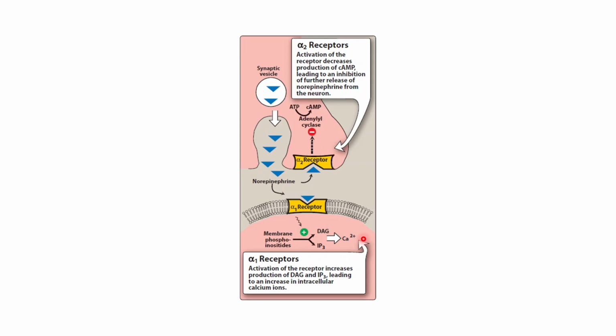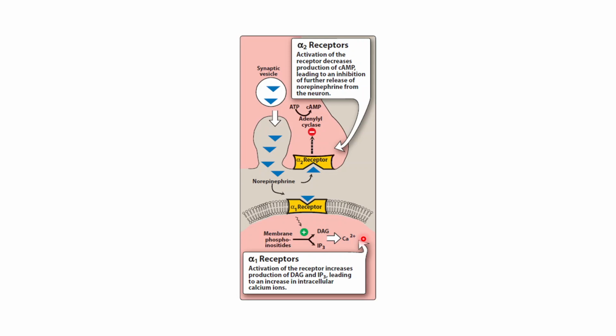Beta 3 receptors are involved in lipolysis and also have effects on the detrusor muscle of the bladder that usually keeps you from voiding.